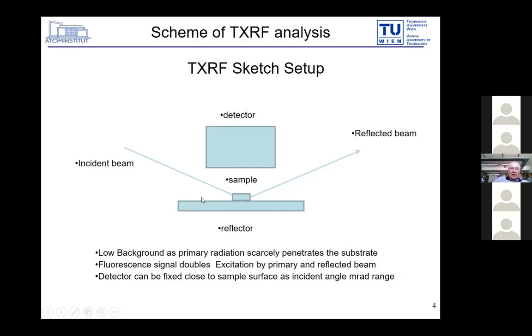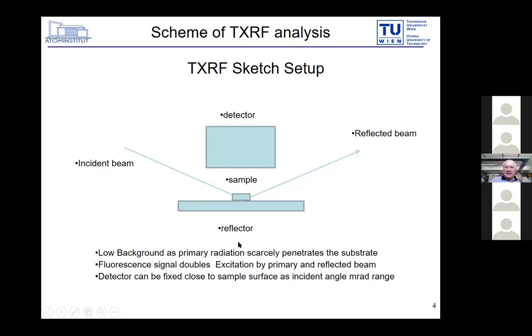Due to the total reflection effect, we have the primary photons in the reflected beam almost 90–95%. So only the rest of about 5% is penetrating into the substrate and thus results in a very, very low background because the primary radiation scarcely penetrates in the substrate.